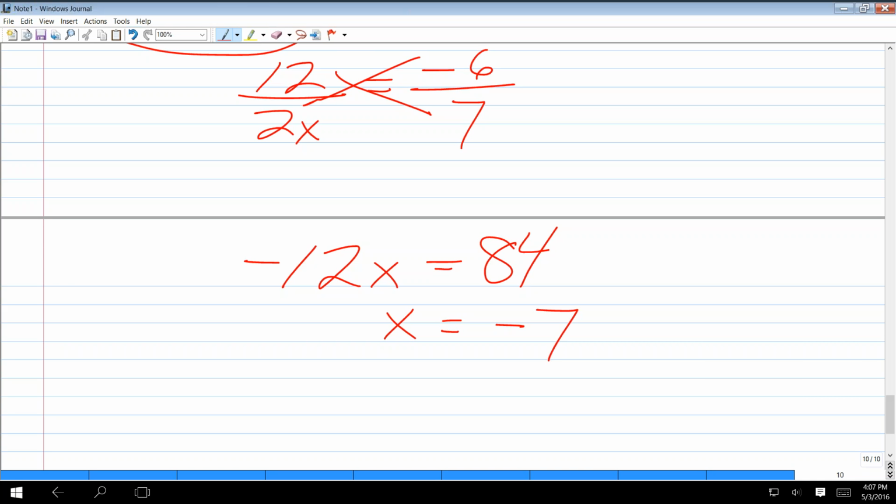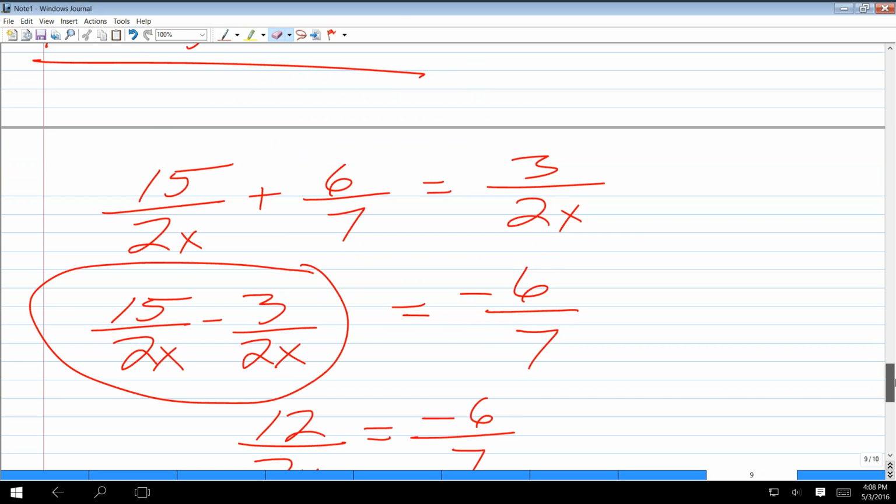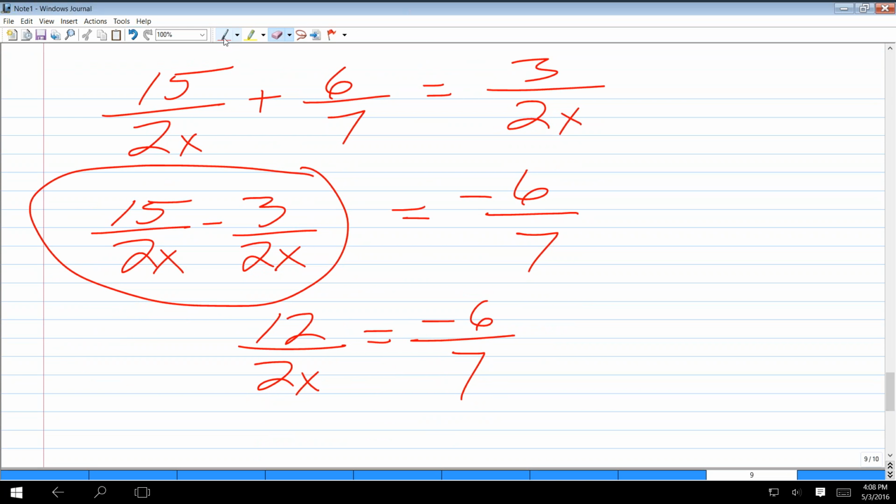Okay. And notice that it would have been a lot harder if I'd had to find a common denominator, which would have been 14x, and determine what that number is with 2x as the denominator. So always look for easier ways to do the problem.